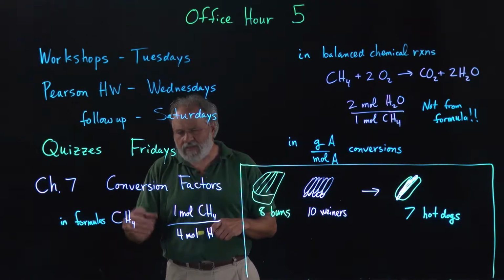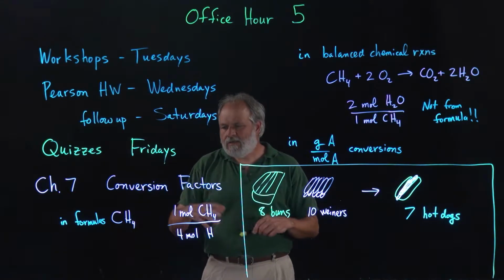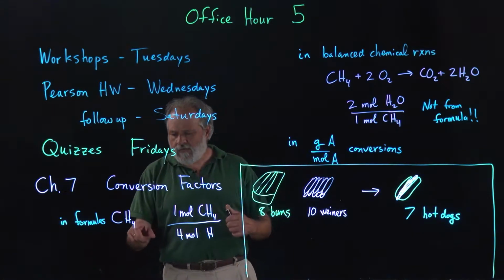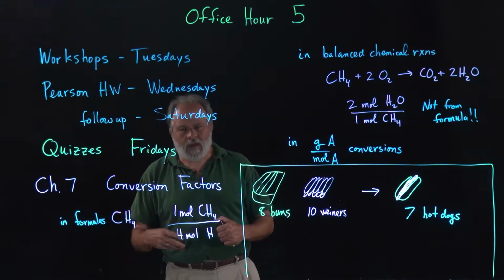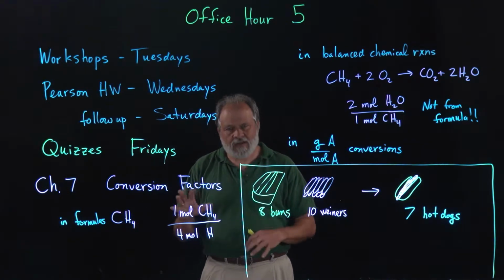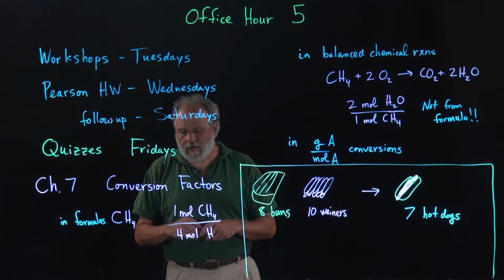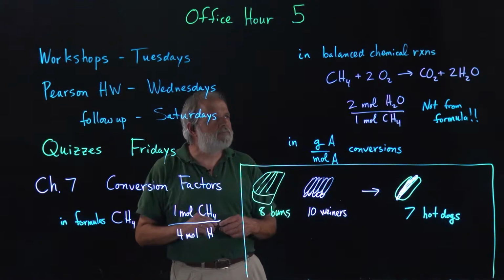So for example, methane is CH4. And the conversion factor is that there's 4 hydrogens for every 1 carbon or for every 1 molecule. And so those conversion factors come from within the chemical formula itself.